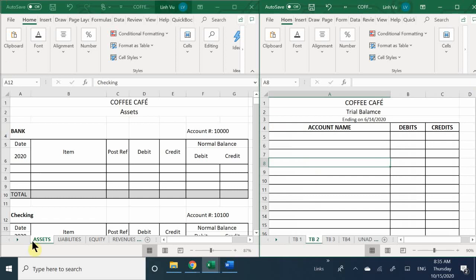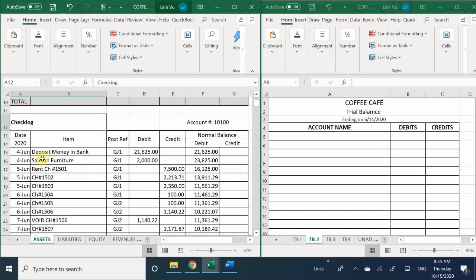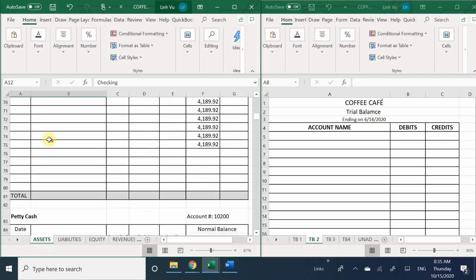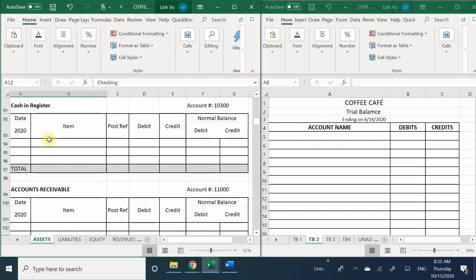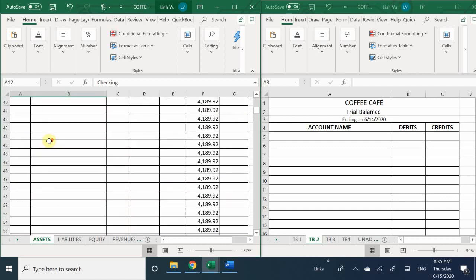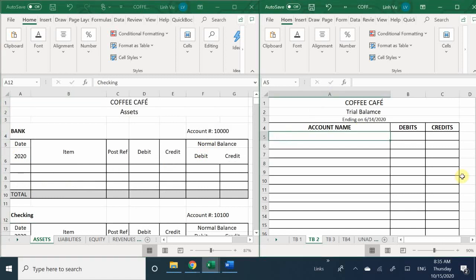For example, right here, this is the bank account. The bank actually consists of your checking, your petty cash, as well as cash in the register. So in this case, the main bank account includes all of these items.